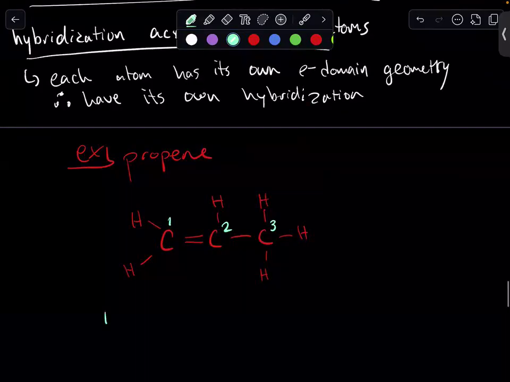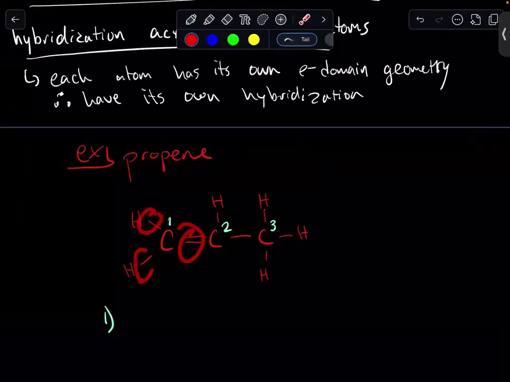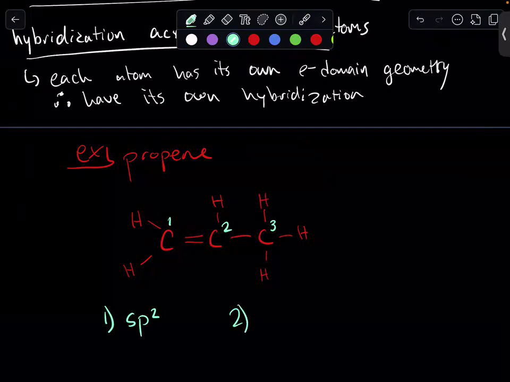Now, for carbon 1, we have three domains, 1, 2, 3, and therefore this is going to be sp2. For carbon 2, once again, we have 1, 2, 3, so it's going to be sp2 as well. But for carbon 3, we have 1, 2, 3, 4 bonds. So for carbon 3, we're going to have sp3 hybridization.